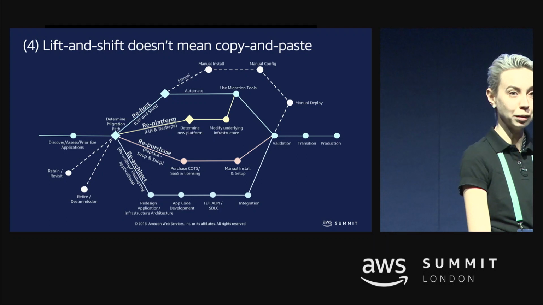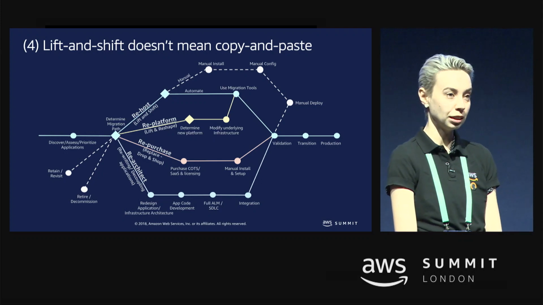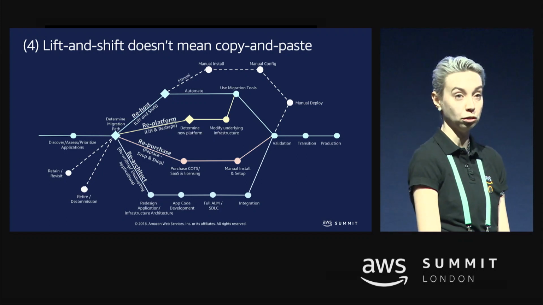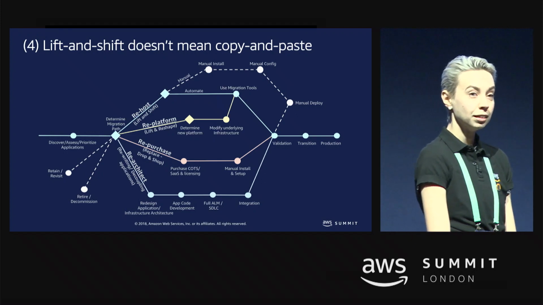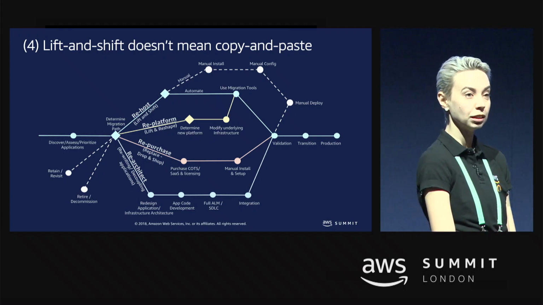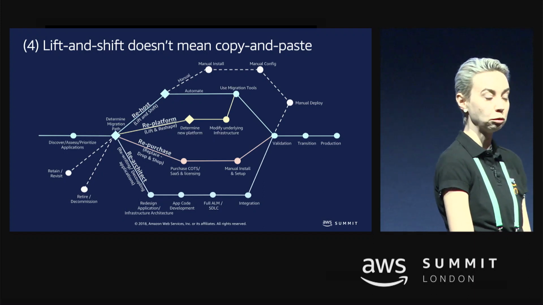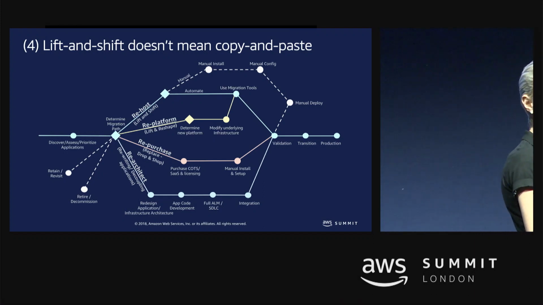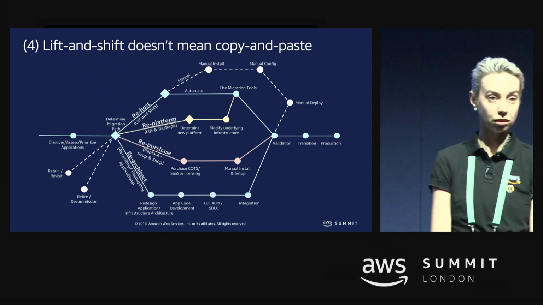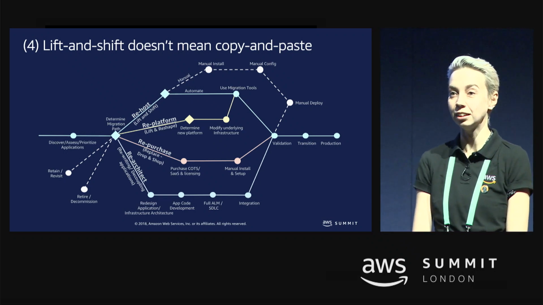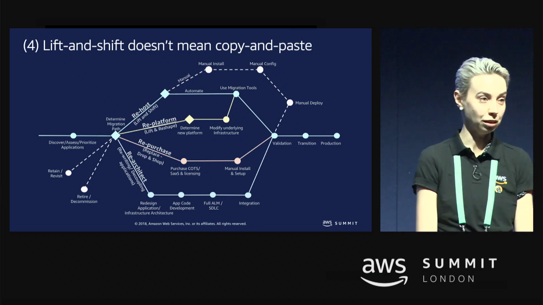Then you have replatform if you decided to move from WebLogic to Tomcat. Then you have repurchase if you decided to replace your existing application using software as a service. Then you have re-architect if you decided to go crazy and re-architect your application.